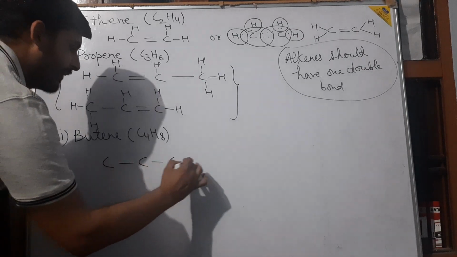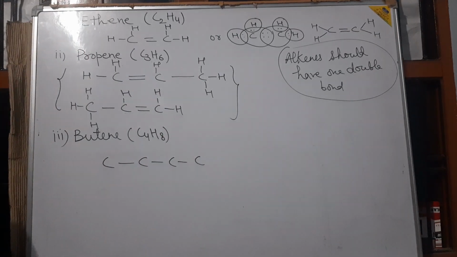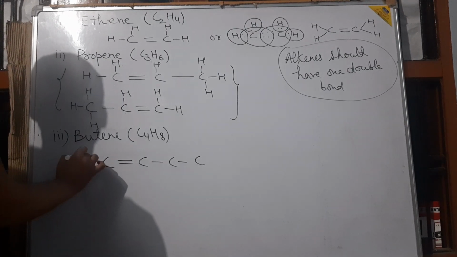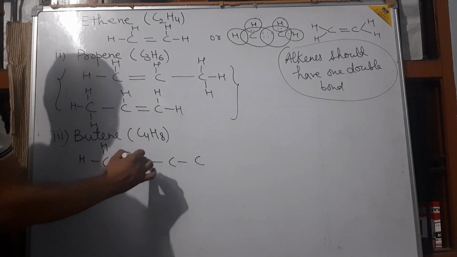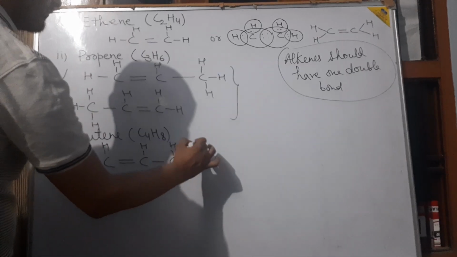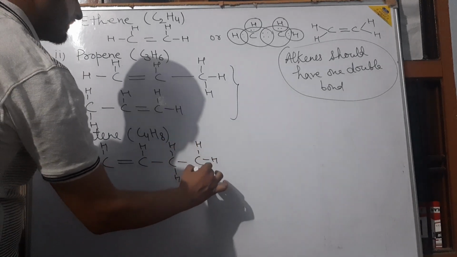Simply make them single bonds, and the double bond can be here, only a single double bond. Clear, beta? You can write the double bond here, so satisfy the valency of this compound by taking hydrogens.